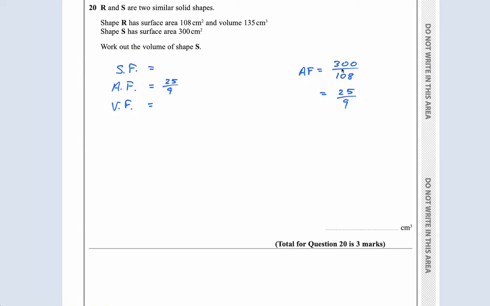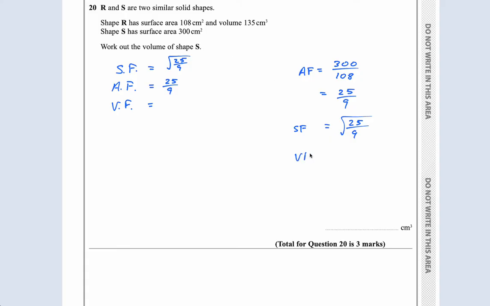To get the scale factor, I need to square root this because the area factor is the square of the scale factor. I could write that out as a decimal, or I could leave it as the square root of 25 over 9. If you want to write that as a decimal, by all means.